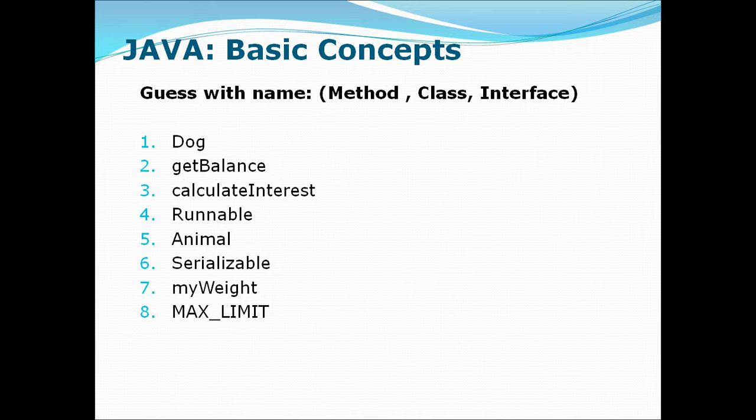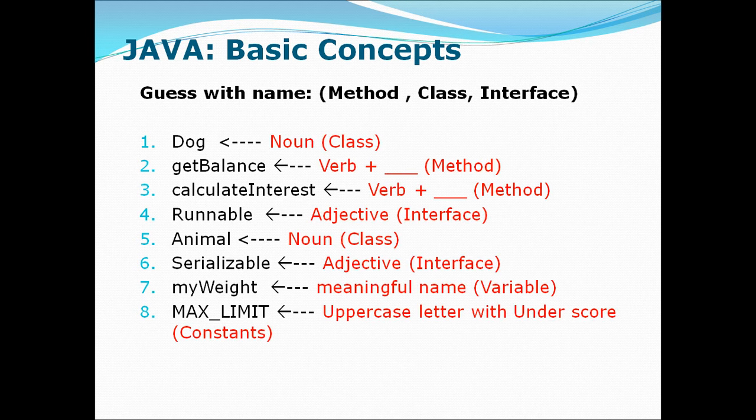CalculateInterest, method. Runnable, interface, able is there. Animal, class. Serializable, interface. myWeight, variable name. Yesterday we discussed, right? Because my is not a verb, it is a meaningful name, so it would be a variable name. MAX_LIMIT, constant. Full capital means constant. So these are things which you should know.